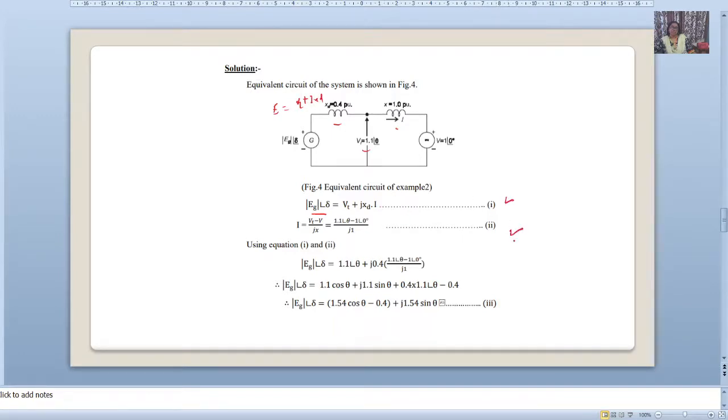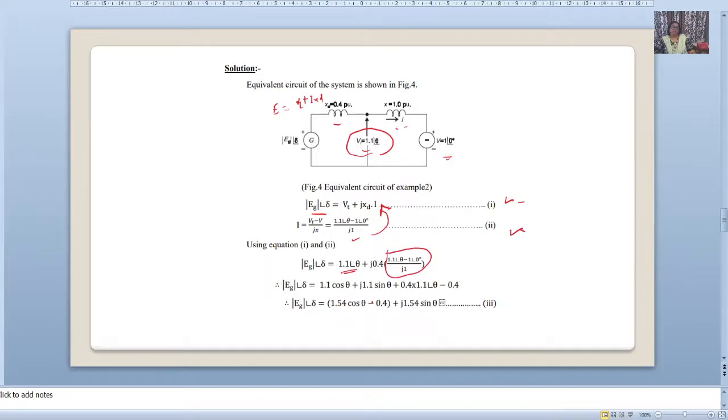Now I we can find by Ohm's law: Vt minus V upon x. Using equations 1 and 2, we put the value of I from the second equation into the first.